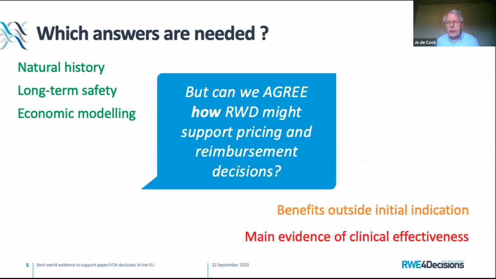And the first question we considered in the stakeholder discussions of the last topic I pointed out is which answers are needed. And it's clear that the basic question is, can we agree about the real-world data which could support pricing and reimbursement decisions? And it's clear that there is a lack of some elements which are not always present at market launch.